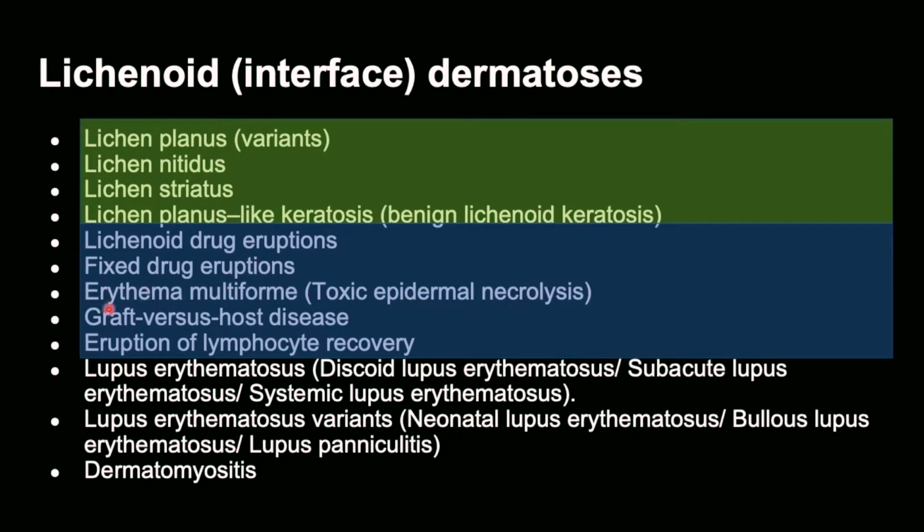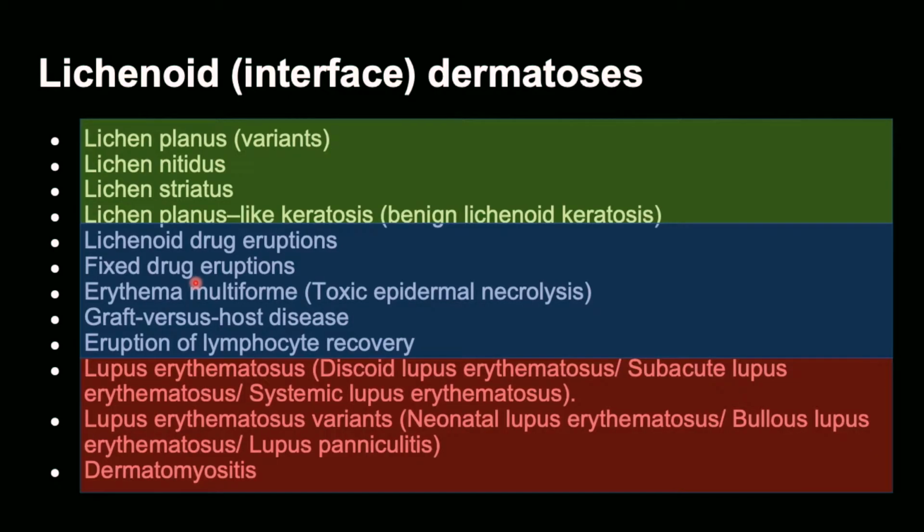Except for erythema multiforme, which less commonly happens because of medication, the rest of these diseases happen because of medication, and I group them together when I study or encounter those cases. The third group is the connective tissue disease group.